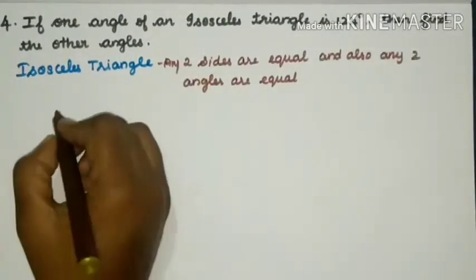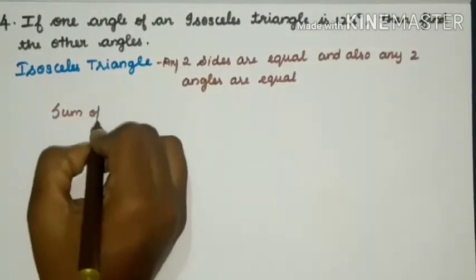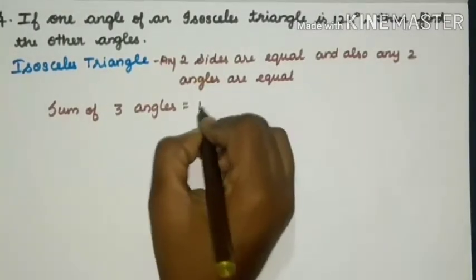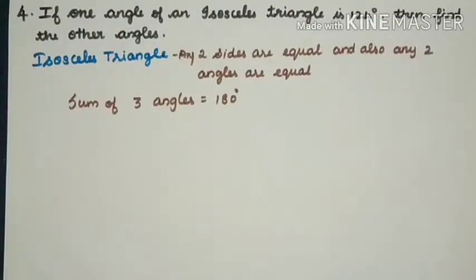As we already know, the sum of three angles equals 180 degrees. Keep in mind, isosceles triangle means any two sides are equal and also any two angles are equal.